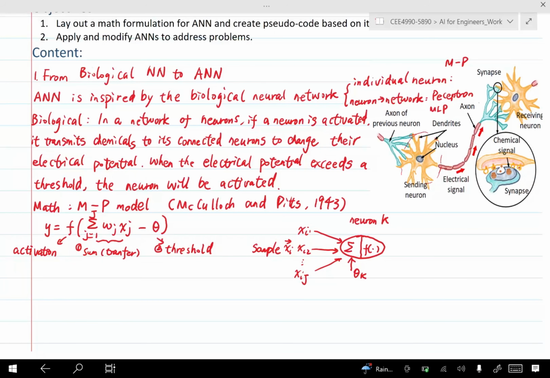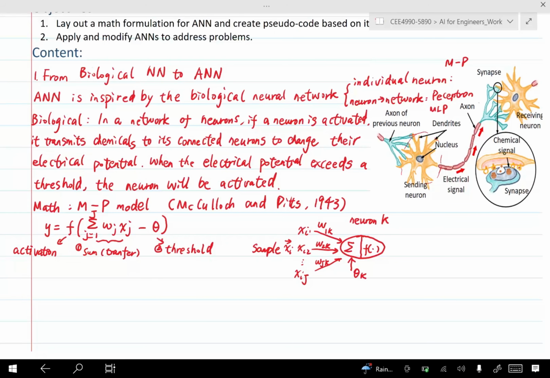And for each attribute, we have a weight, just like what we did in linear models. But now it's a little bit more complicated since we have different neurons. So we have W1k, W2k, to Jk. And k is the neuron, and it has J weights. So J weights correspond to the J attributes of the input sample.